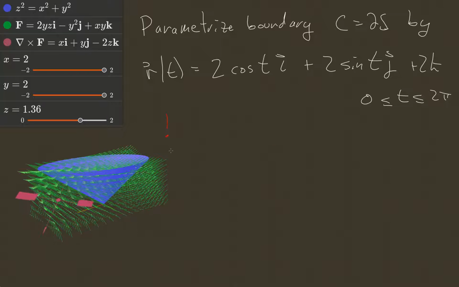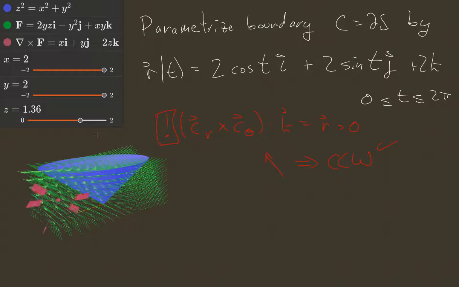Note, we need to make the orientations match up. The way we parameterized the cone, c_r cross c_theta, the k component of this was just r, which is greater than 0. So the normal vector of the cone, as we've chosen it, is pointing upwards and inwards. And therefore our orientation of the circle should be counterclockwise, and this is a counterclockwise orientation of the circle. This is just to check that our parameterization is done with the correct orientation.